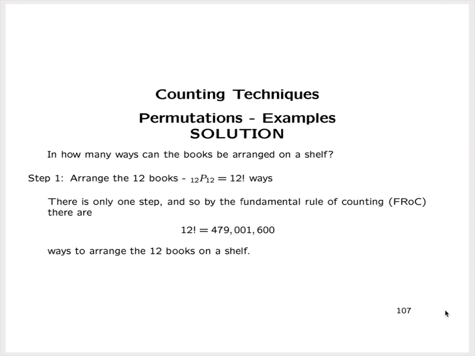An arrangement is a permutation, and so what we're asking is, in how many ways can we permute or arrange all 12 books on that shelf? By the formula that we just derived, that is given by 12 permute 12, which is equal to 12 factorial ways.